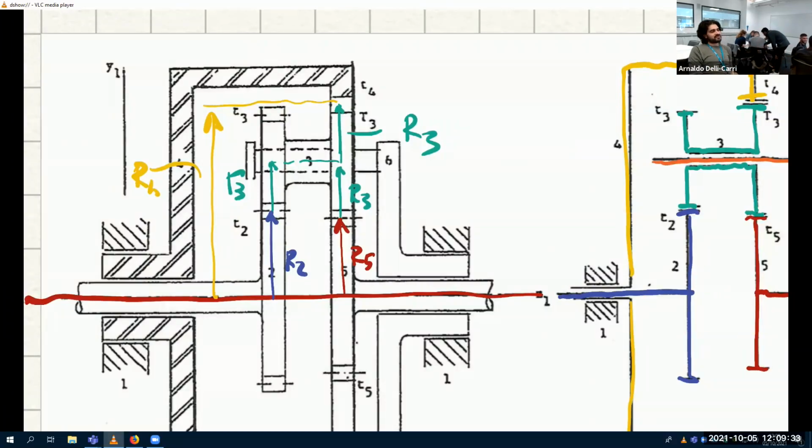Why again? Because we don't know all the numbers of teeth. We are missing T2 and T4, so we want to find some relationship. Since the teeth and radii are related via the module m, if you get a relationship on the radii, then you get a relationship on the teeth. Exactly.